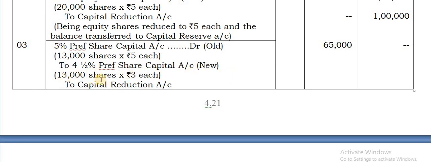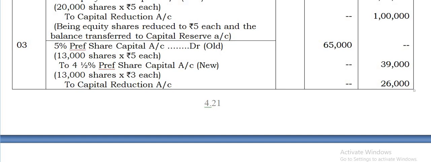That is a new 13,000 shares into 3 rupees each. It is being reduced to 3 rupees each. So that gives you 39,000, and still the balance will be transferred to capital reduction account. So 13,000 into 2 rupees, that is the amount foregone, that gives you 26,000.